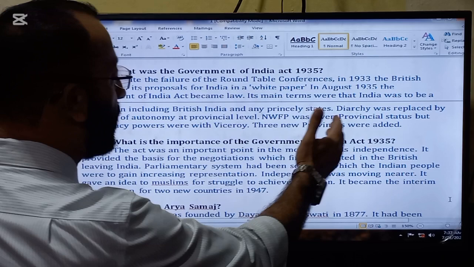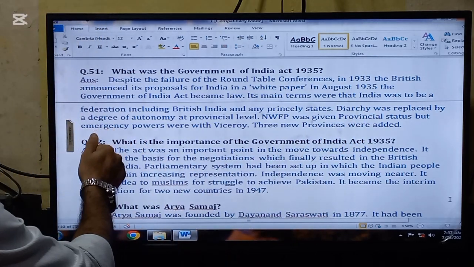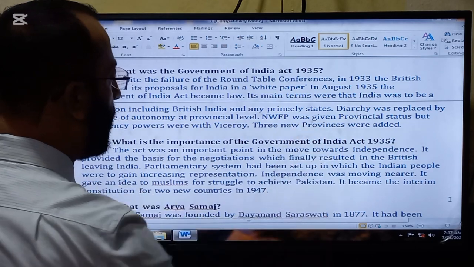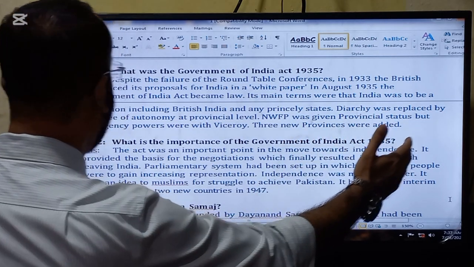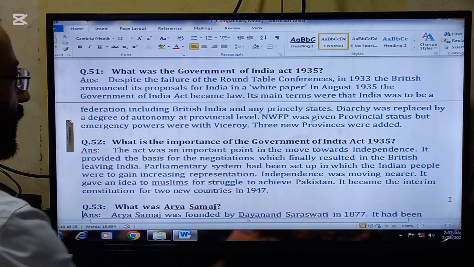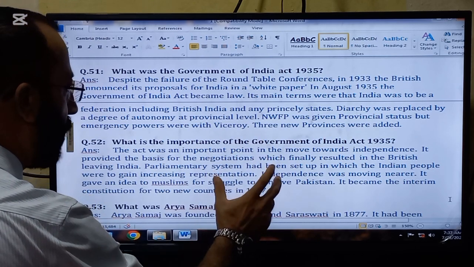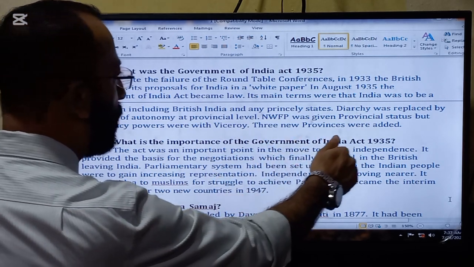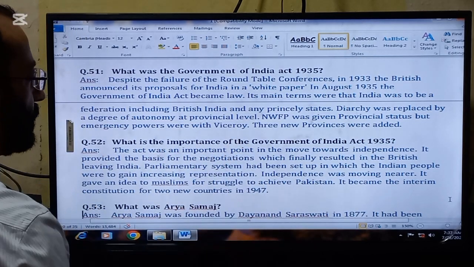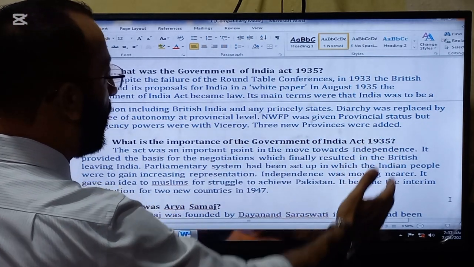Its main terms were that India was to be a federation, including British India and any princely states. The diarchy was replaced by a degree of autonomy at provincial level. NWFP, which is now KPK in Pakistan, was given provincial status, but emergency powers were with the Viceroy. 3 new provinces were added.